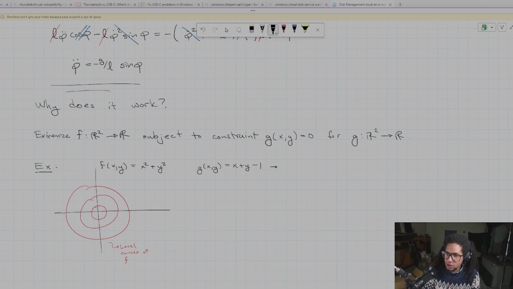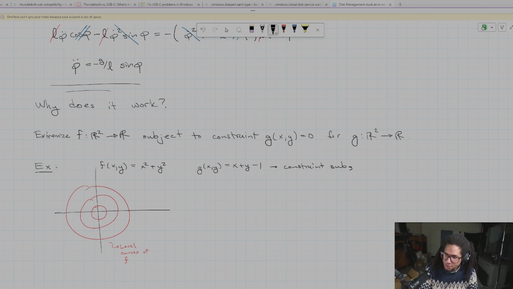So let me say this means that the constraint subspace is the points x and y satisfying y is equal to 1 minus x, just by a rearrangement. Okay, so my constraint subspace is just this line.